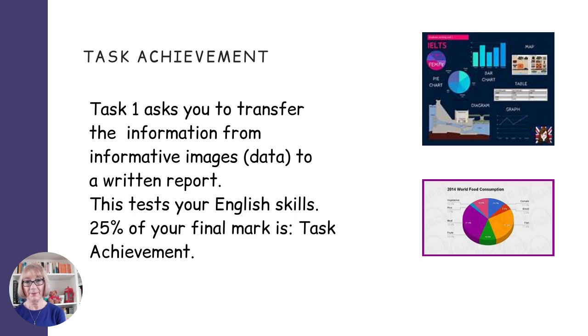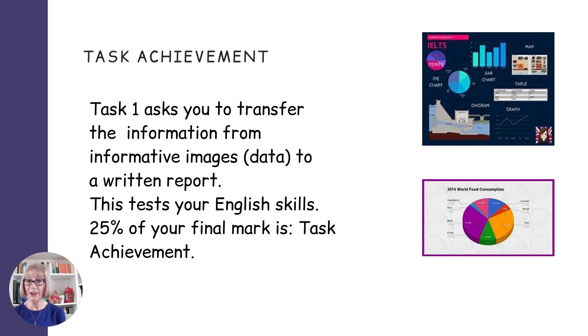Task achievement. Task 1 asks you to transfer the information from informative images, or we'd normally say data, to a written report. And you can see examples of the data that could appear on your task 1 in IELTS academic writing. Now, this task achievement tests your English skills, obviously, but 25% of your final mark is that task achievement.